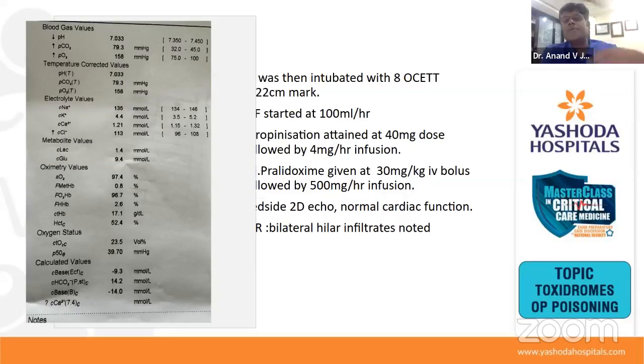A fat person coming to you with an unknown quantity taken is likely to have a slow continuous release of the organophosphorus compound, in which case you will have to keep treating with atropinization. Suppose even after 7 days he continues to be weak, then it will be a continuation.